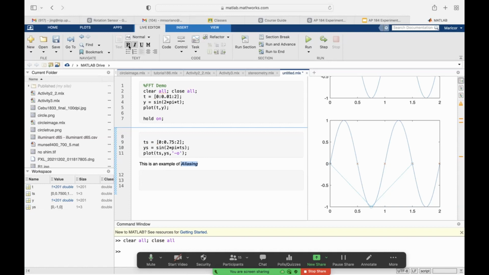Tapos pwede pa natin lagyan. Yeah, bongga, di ba? Ting. Yan. Alright. Okay. So, seeing a signal different from the actual signal.